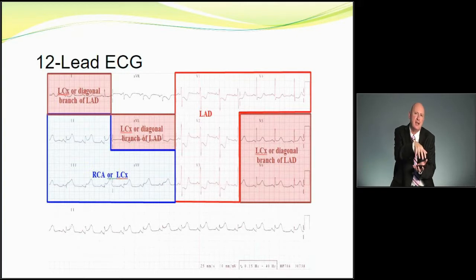So you pretty much can say the LAD. If you've got elevation in things such as 4, 5, and 6 that sit over on this side, well, what sits over here is your circumflex. And if you see that, then the elevations there can pretty much indicate that. And then if none of those, look at leads 2, 3, and aVF. You see the elevation, then you know it's right side.